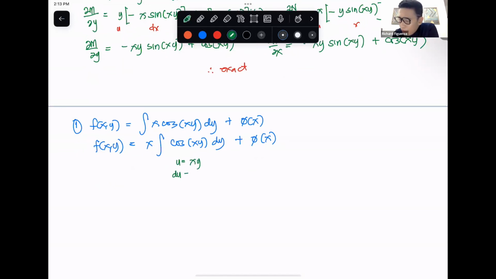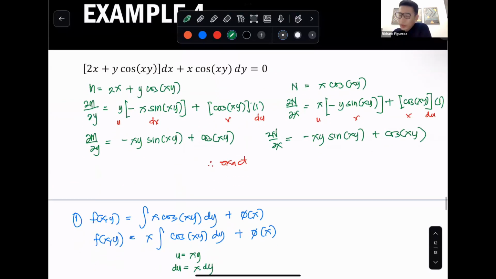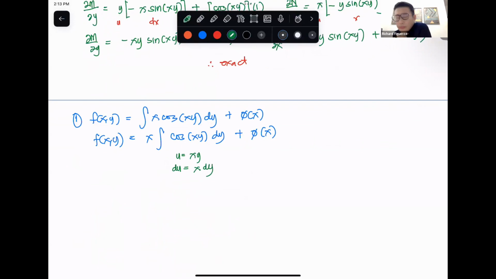So therefore, pag dinerive ko yan, the variable is y. Okay, so pag dinerive natin yan, that will be x. Yan, sama na natin yung dy, no? Okay, so since andun na pala siya, di na ako mag-neutralizing factor. Okay? Ipasok ko na lang siya ulit.